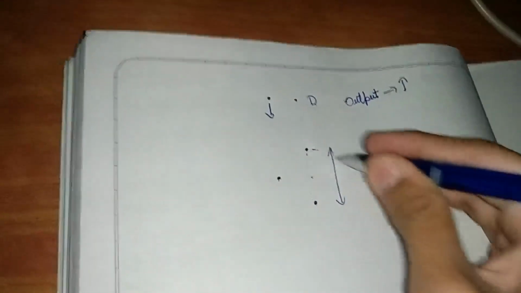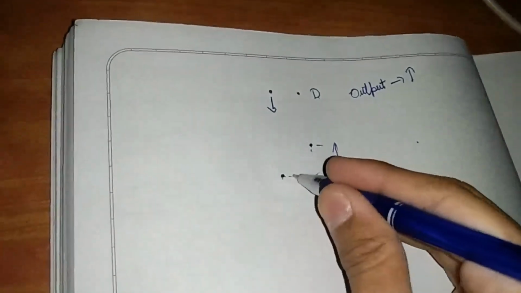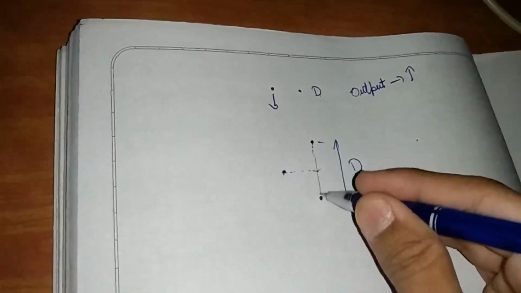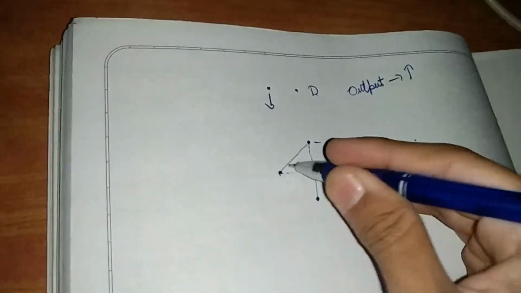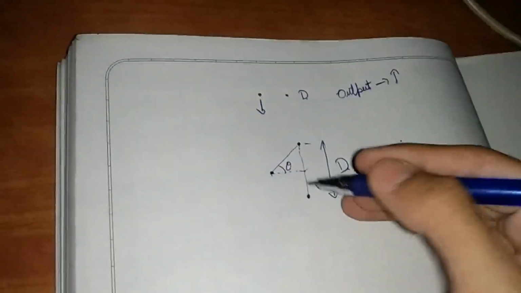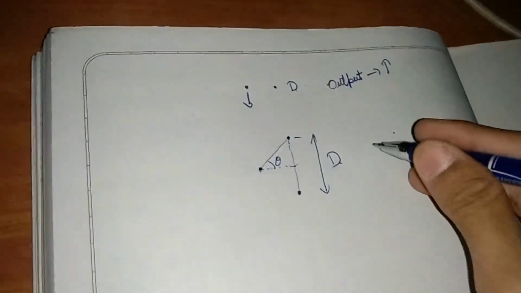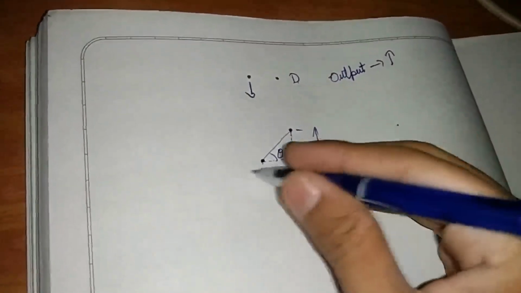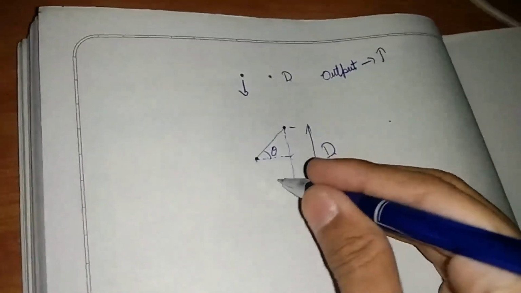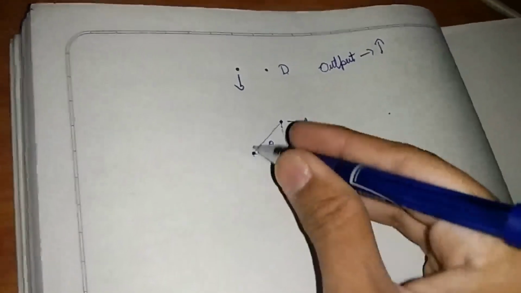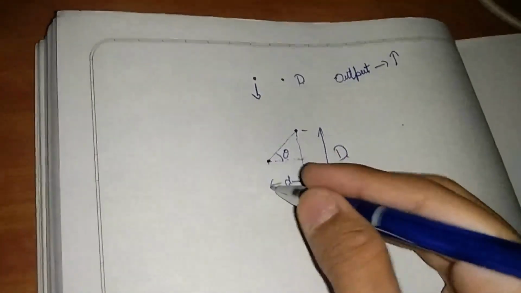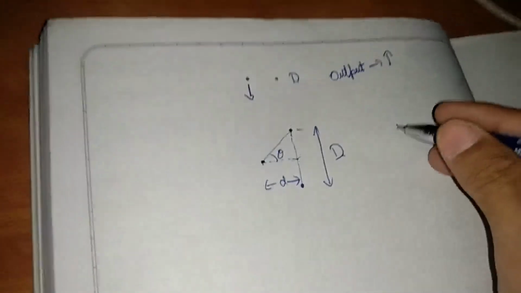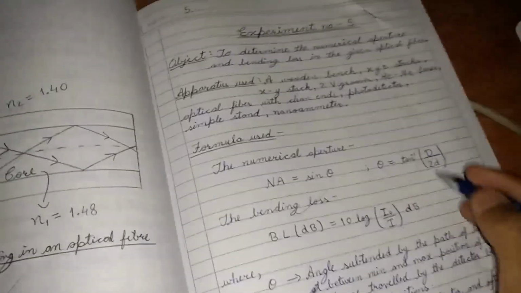This whole distance will be capital D, and the midpoint will be somewhere here, and this angle will become the acceptance angle. We will use the formula: perpendicular over base, where small d is the distance from the detector to the output of the optical fiber. So the formula is theta equals tan inverse of D by 2d.